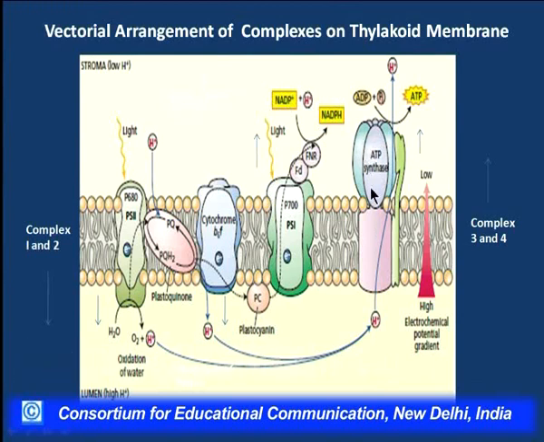Now this gives us a very important food for thought. As you can see, the ultimate products of light reaction which are needed for running the Calvin cycle, and the Calvin cycle runs in the stroma, they are produced on a phase which is in the stroma itself.